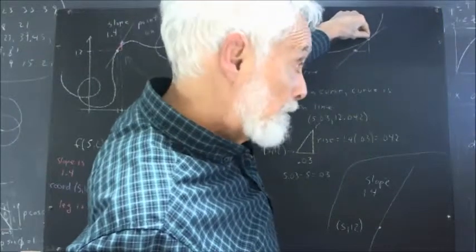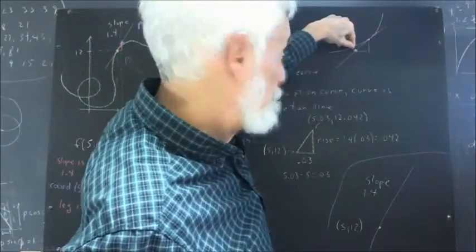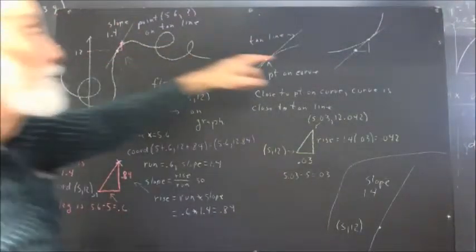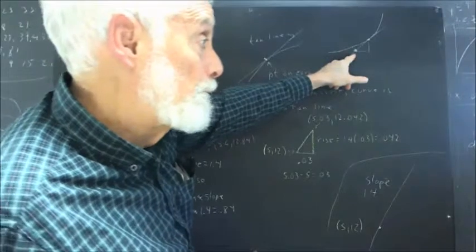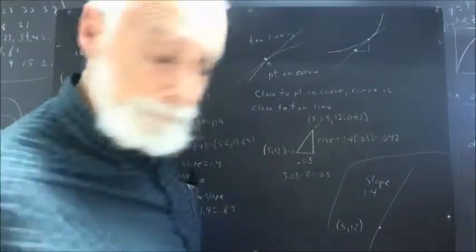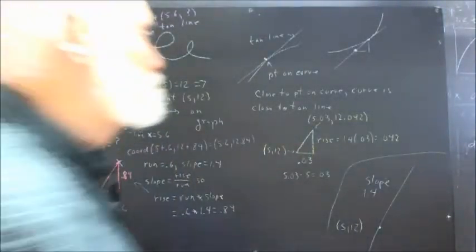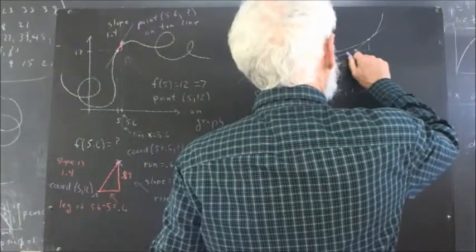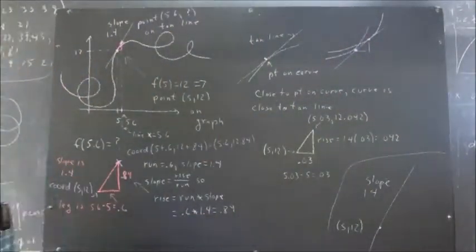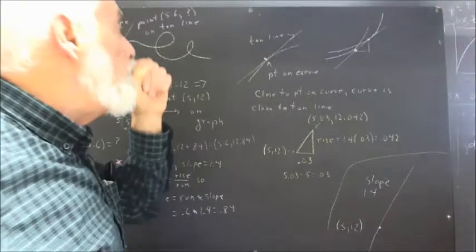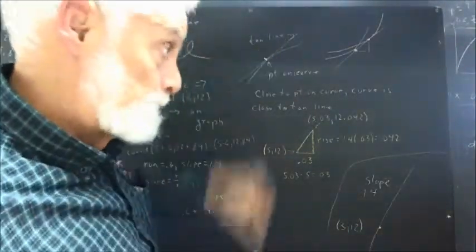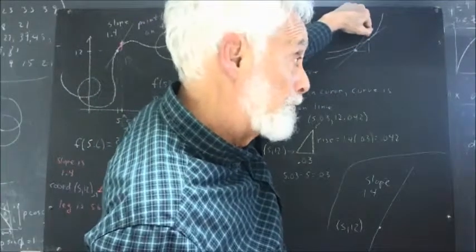However, that's not the point. This is the point at which the tangent line occurs. This is the point where the slope of the tangent line is 1.4, not at this point. So the graph should have been kind of like so, and I didn't do a very good job of hitting the tangent there either. Now I drew another one like this. This is the point on the curve, not the point where we approximate the curve.